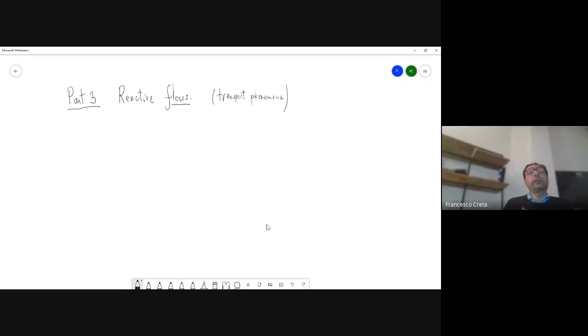So what we're doing in part 3 is adding extra independent variables, which are the variables related to space, spatial variables. In chemical kinetics, we added time, and we were dealing with ordinary differential equations, which describe the temporal evolution of phenomena.